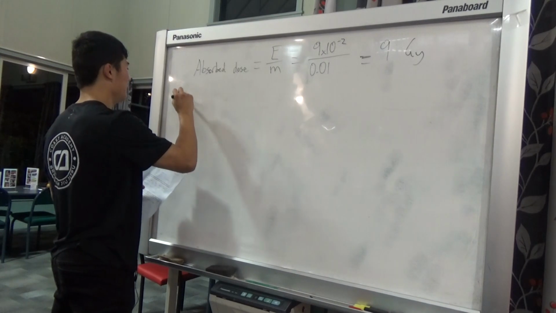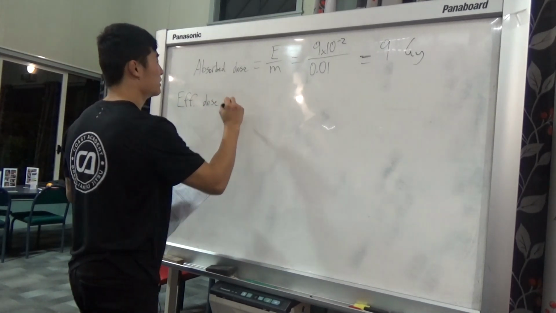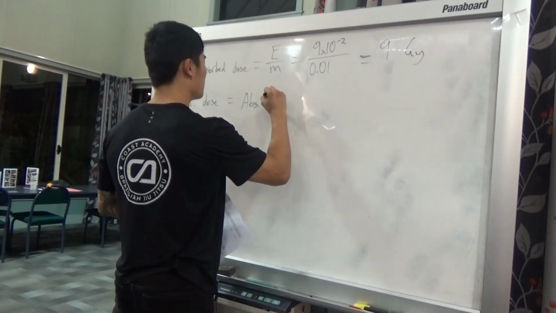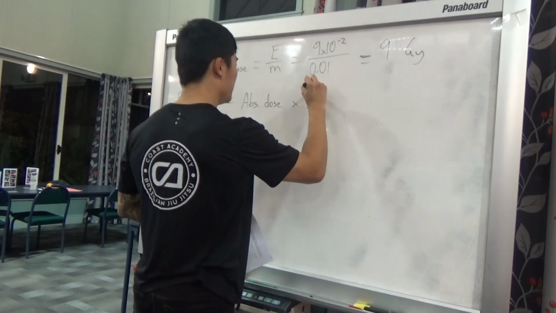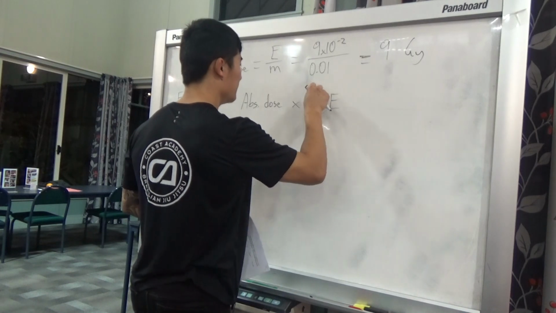Now to find the effective dose, you're going to multiply your absorbed dose by the RBE.